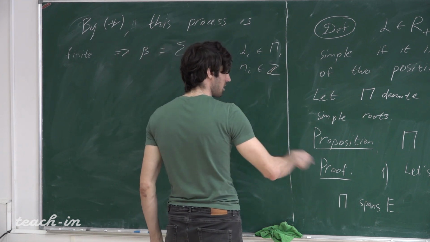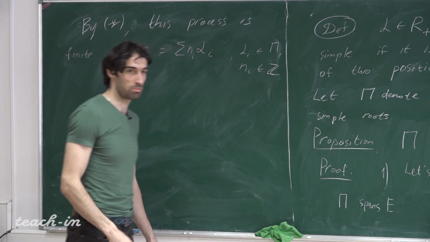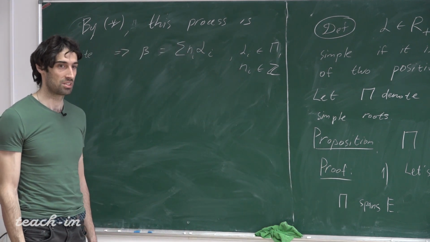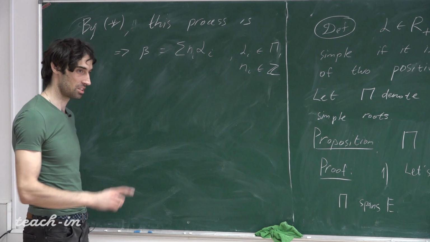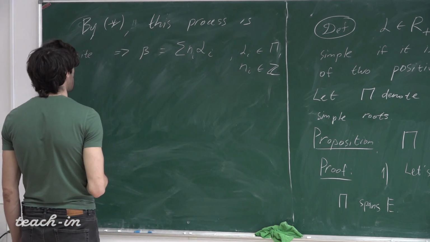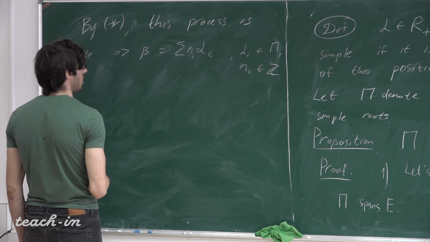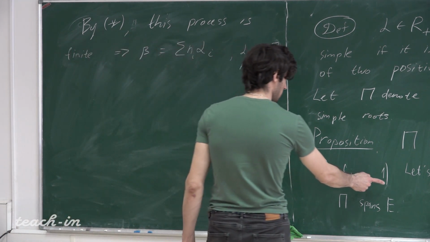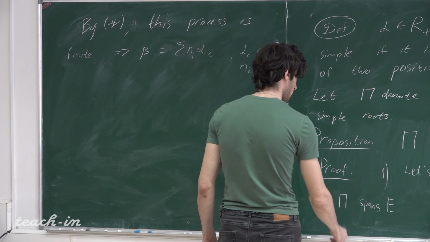We didn't need that for the fact that pi is a basis, but still it's a good observation. So therefore we proved that pi spans E.